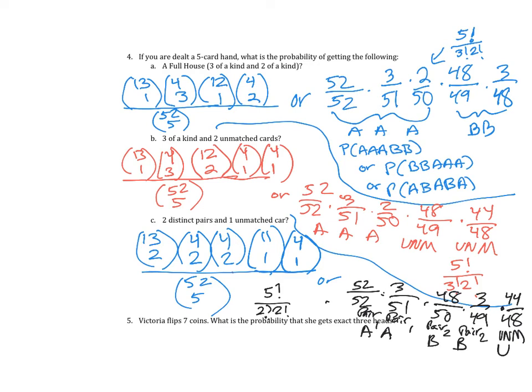So in other words, AABB is really no different than BBAA. Because what we found specifically was the probability of 1 pair. This was the order we were assuming: 1 pair, the second of that pair, and then another pair, and the second of that other pair, and unmatched.